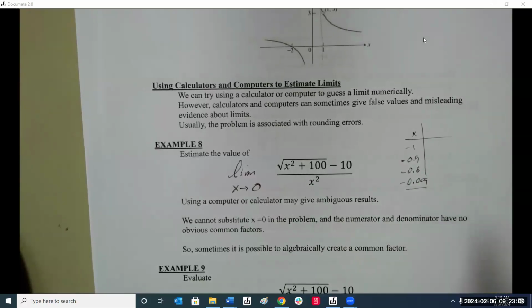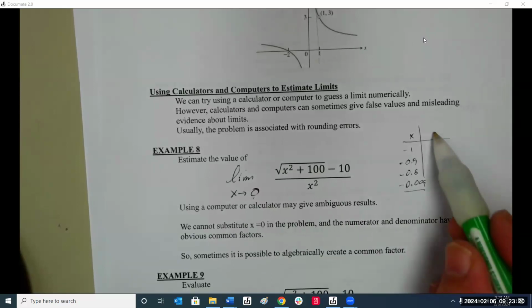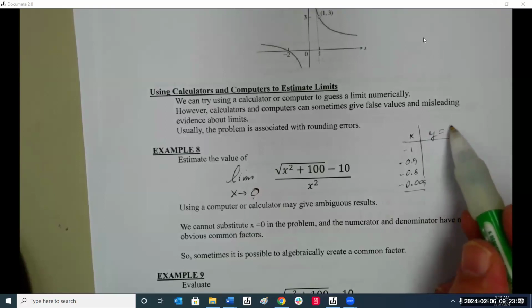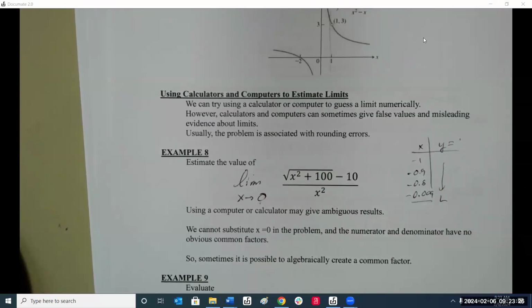The smaller you make x, the more accurate your answer is going to become because it's going to zero. We want to see exactly how close to zero we can get. And these values would eventually approach our limit value.